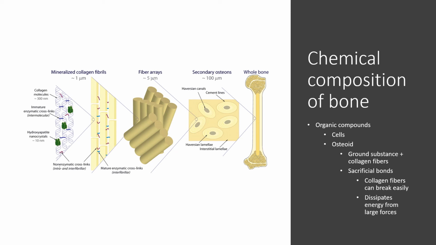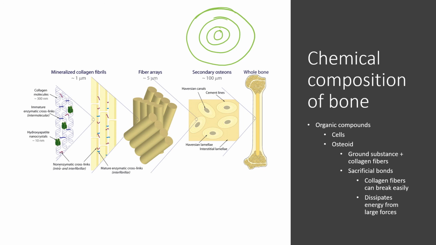So the organic compounds of bone, we've talked about the cells of the bone, and osteoid, which is this ground substance, and collagen fibers. And I told you that the osteon has these concentric lamellae, but the collagen fibers within each lamella are not necessarily oriented in the same overall cylindrical, parallel to the length of the bone direction.